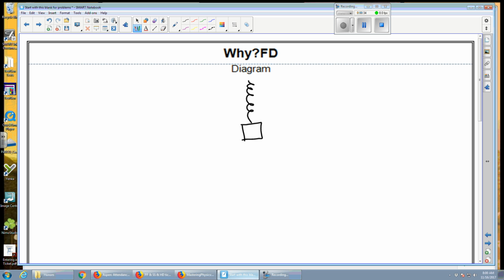Now don't worry if you can't draw a spring as well as I can. And this is my spider, so I'm just going to label it M for spider. And we have a force of gravity down, otherwise known as the weight, and a force of the spring up.